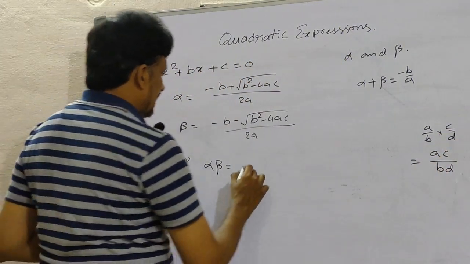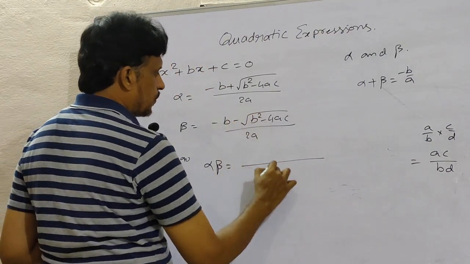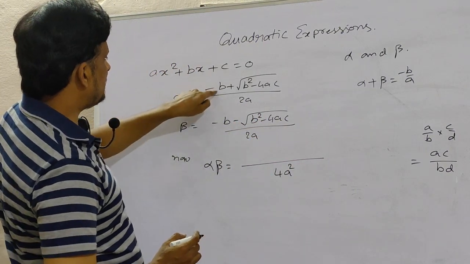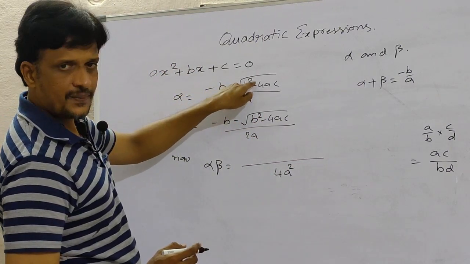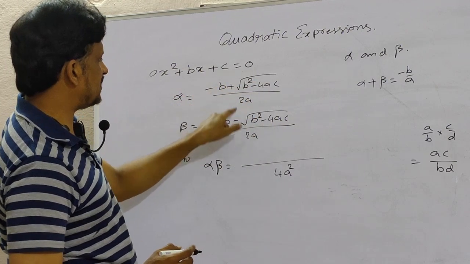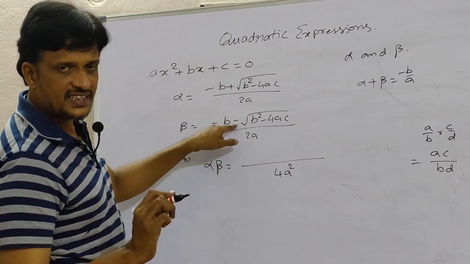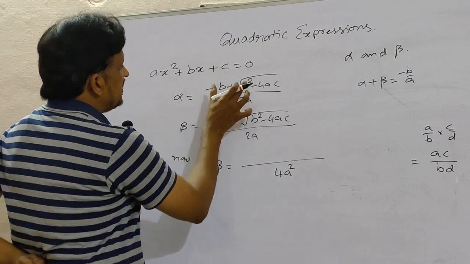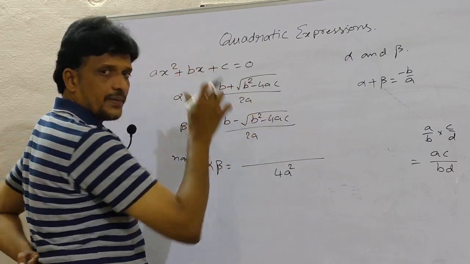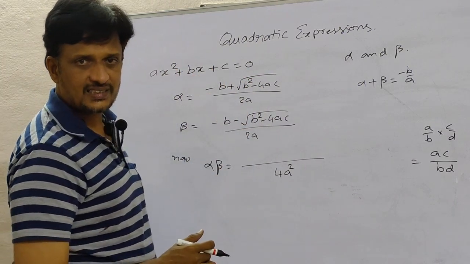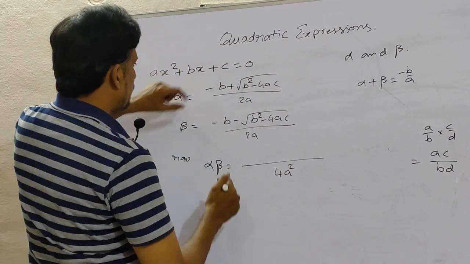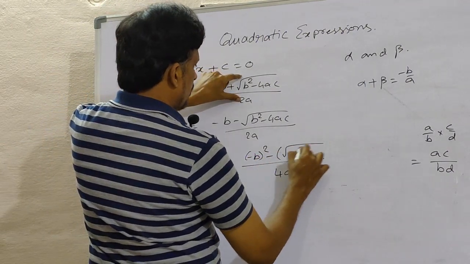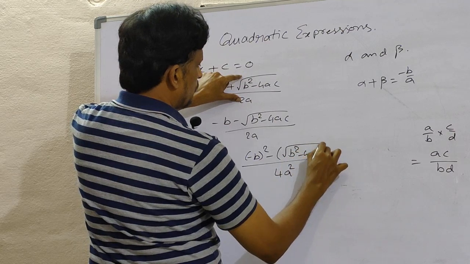That means here the denominators' product will be 2a into 2a, which is 4a square. If you multiply the numerators, this is minus b plus root b square minus 4ac, and the other is similar, just with a little bit of change in the sign between the two terms. So the product of these two, one is in the form of a plus b, the other one is in the form of a minus b. A plus b into a minus b is a square minus b square. So you can say that it is minus b whole square minus root b square minus 4ac whole square.